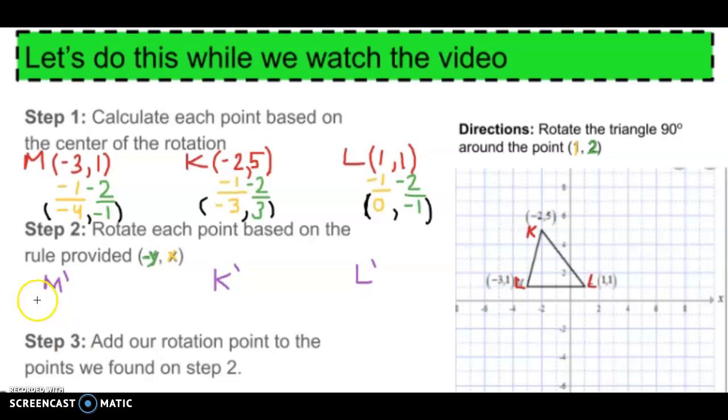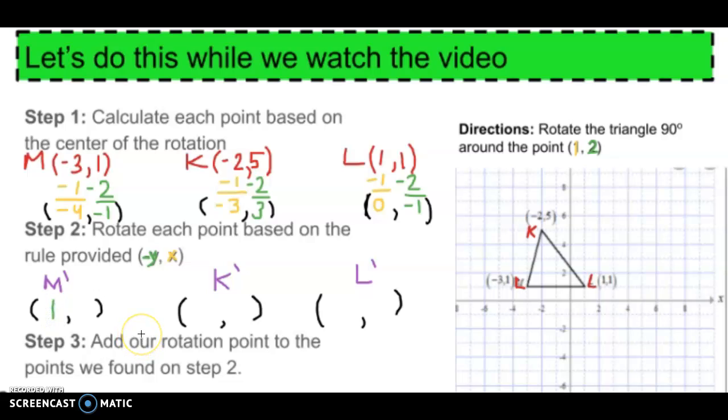And now let's go through and let's actually label our new points and accurately complete them. So for the first one, for M, I have -1 was my point before. So the first thing is I need to flip the sign based on my rule. So the opposite of -1 is +1. But now instead of it being where the y typically is, it's going to be where the x typically is. So instead of -1, I'm going to have +1.